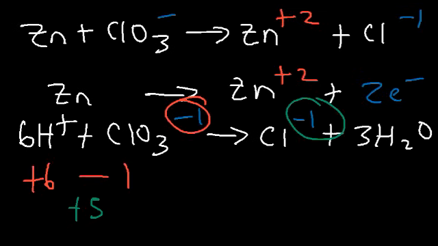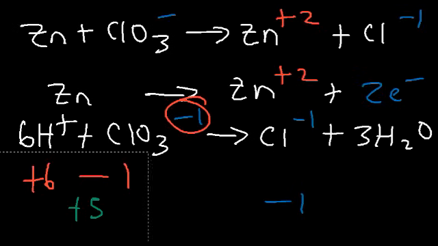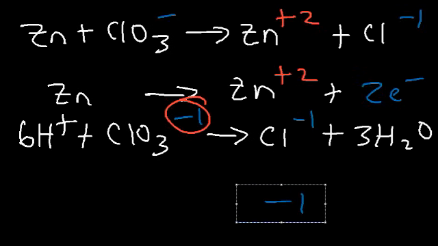On the right side, we only have a chloride ion, so it's negative 1 on the right side. What is the difference between 5 and negative 1? 5 minus negative 1 is 6. On a number line, they're 6 units apart. So we need to add 6 electrons, but to the side with the higher charge. Since the left side has a higher charge, let's add it to the left side.